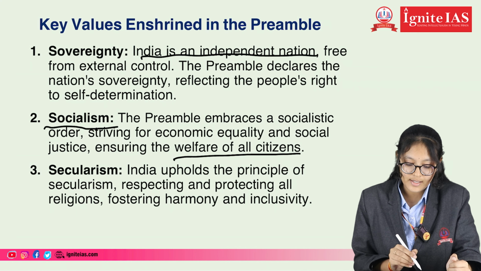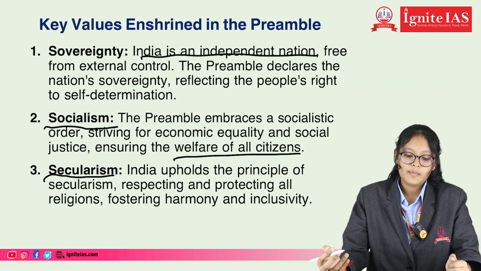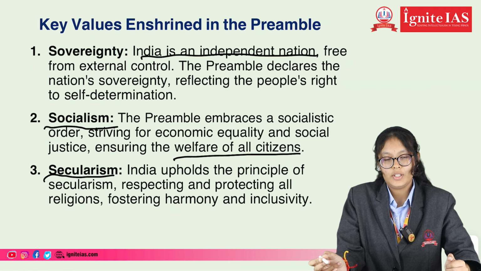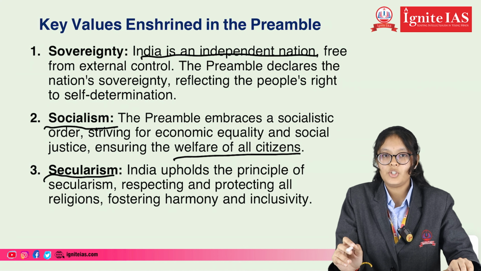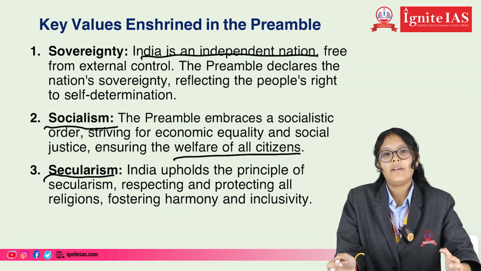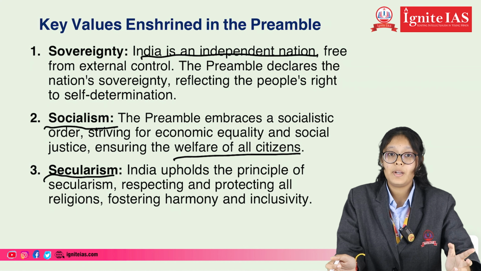Next is secularism. Secularism means state has no religion. But in India, we have positive secularism. That means state has no religion, and the people of India can practice, profess, and propagate any religion they want. But many countries have negative secularism. Example, France.